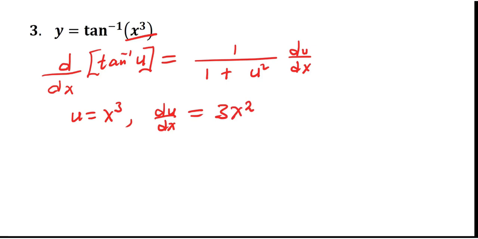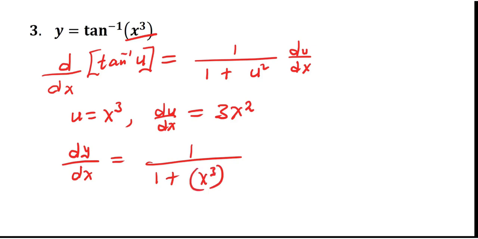So now we can take the derivative of y with respect to x, and that will simply be 1 over 1 plus (x cubed) squared, and then times du/dx. We already have this, so we just need to transfer it here. So 3x squared.